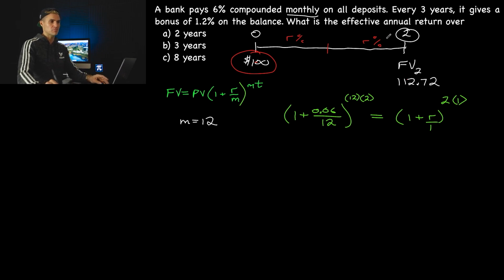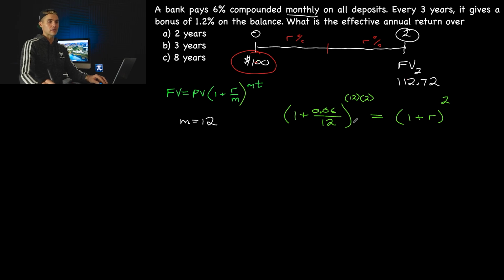It's kind of invisible, but because you're just dealing with an effective annual return, that's not compounded, right? There's no compounding periods. The compounding period is just 1. And so that's why we're just writing the 1 plus r to the power 2. It's why we did it in the previous method as well when we had the $100, the 112.72. So that's basically what's going on.